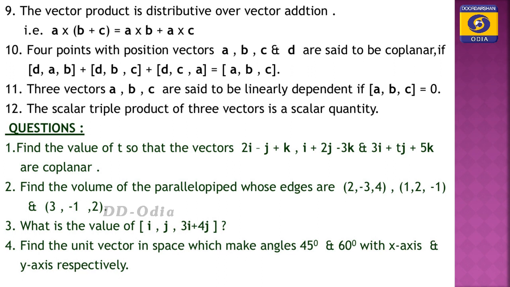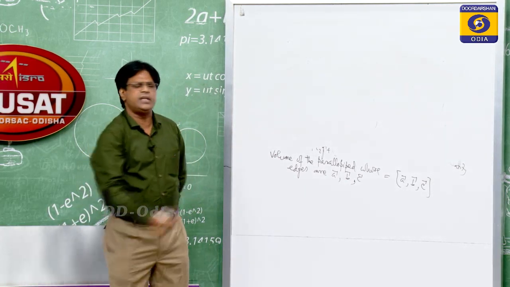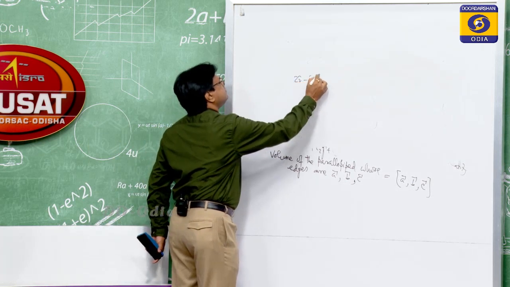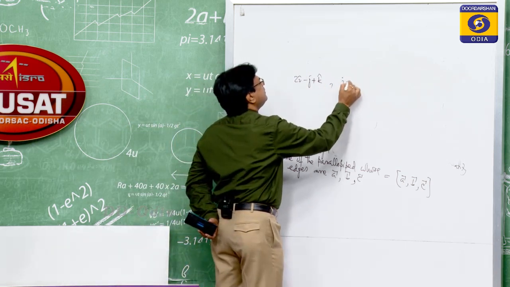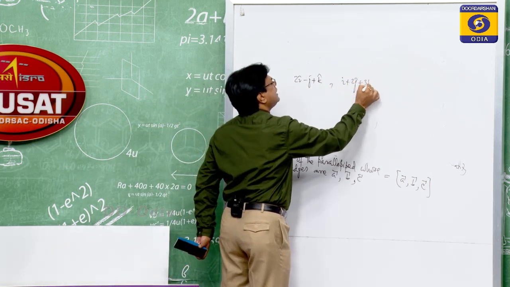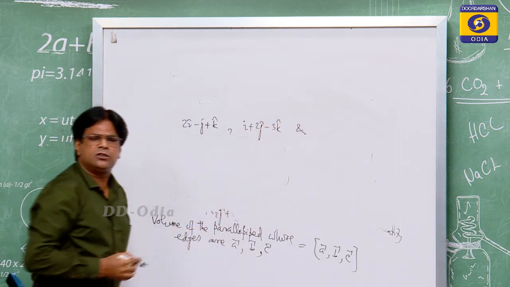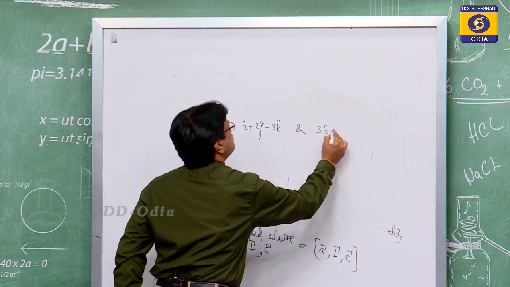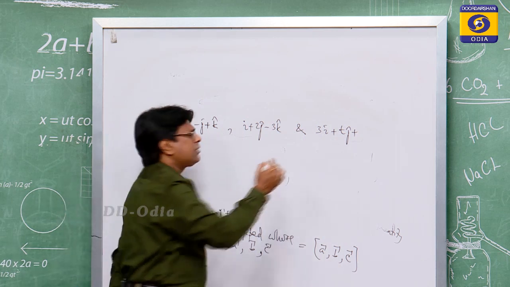Then come to the question: find the value of t so that the vectors 2i minus j plus k, i plus 2j minus 3k, and 3i plus tj plus 5k are coplanar.